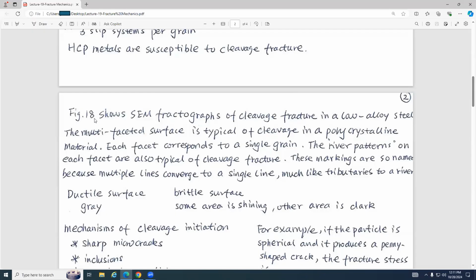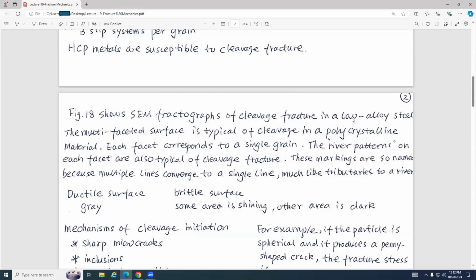This shows SEM, scanning electron microscopy, fractographs of cleavage fracture in a low alloy steel. The multifaceted surface is typical of cleavage in a polycrystalline material. Polycrystalline means that we have multiple grains there, so each facet corresponds to a single grain.